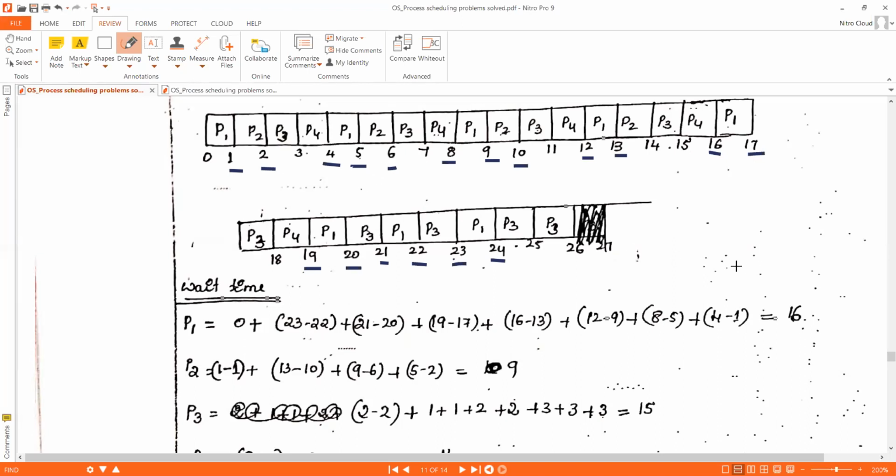This is the total waiting time for process 3. We will get 15. Okay, understood, right?